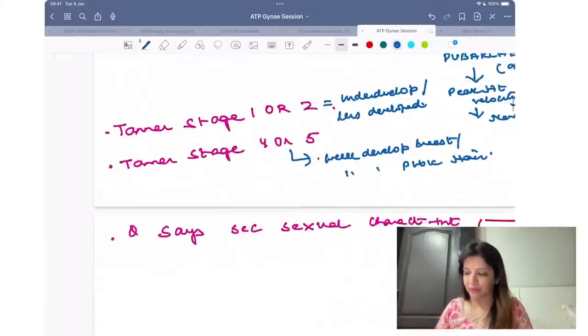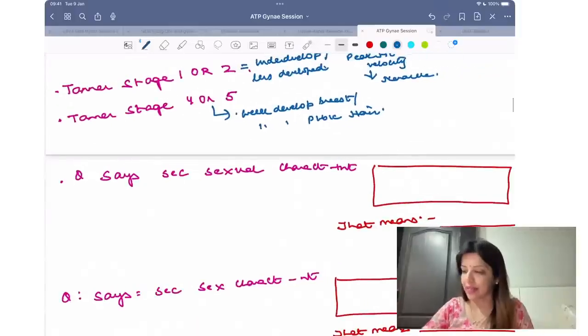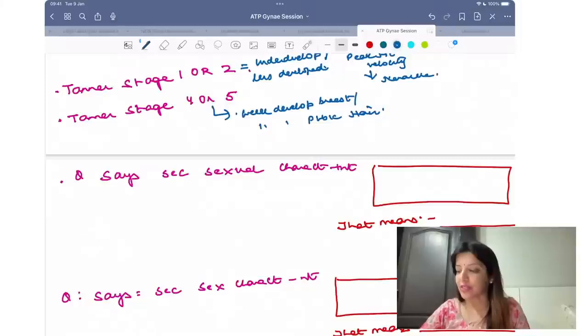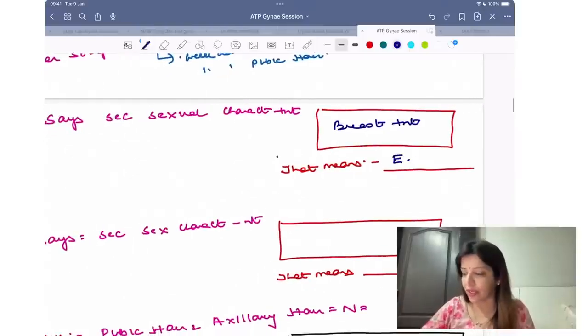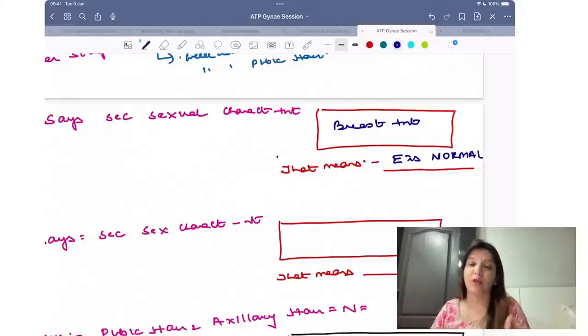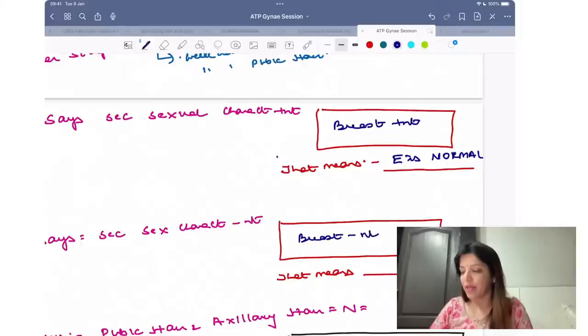Now, whenever your question says secondary sexual characteristics present, that means breast is present, and that means estrogen is normal, because the hormone responsible for breast development is estrogen, right? Whenever your question says secondary sexual characteristics absent, that means breast absent, and that means estrogen is decreased.